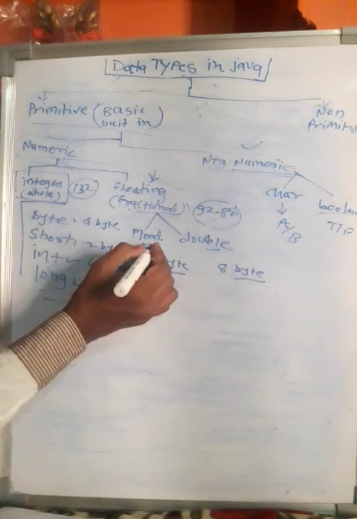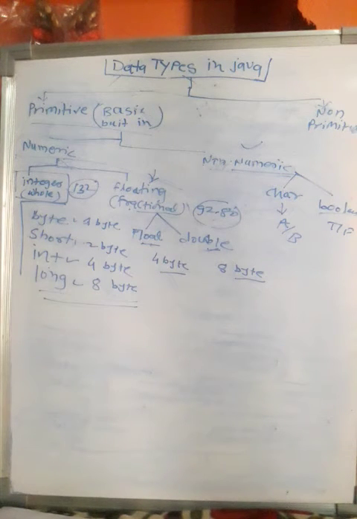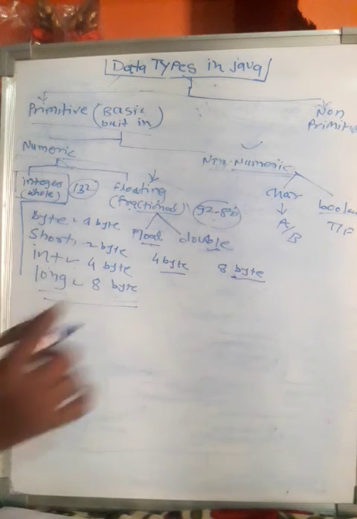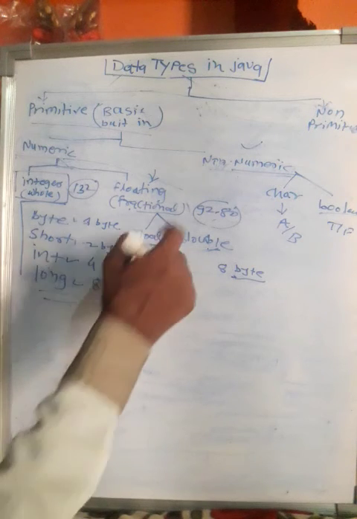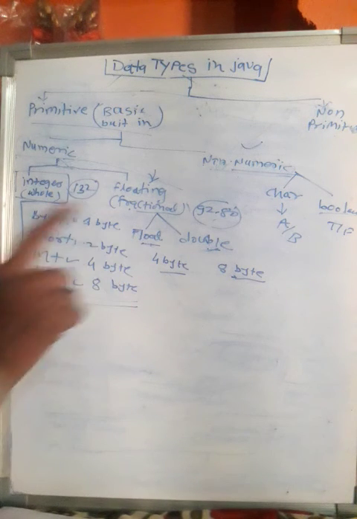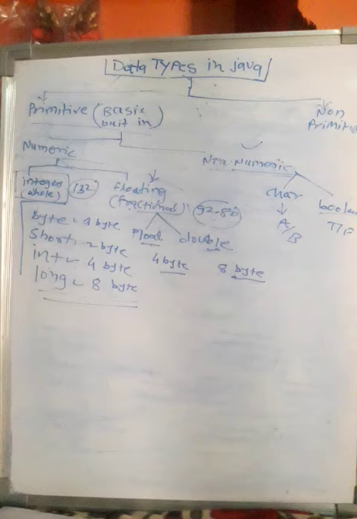We will see the difference between float and double. The float data type requires 4 bytes and double requires 8 bytes. Another main difference is that float can represent up to 7 digits accurately.